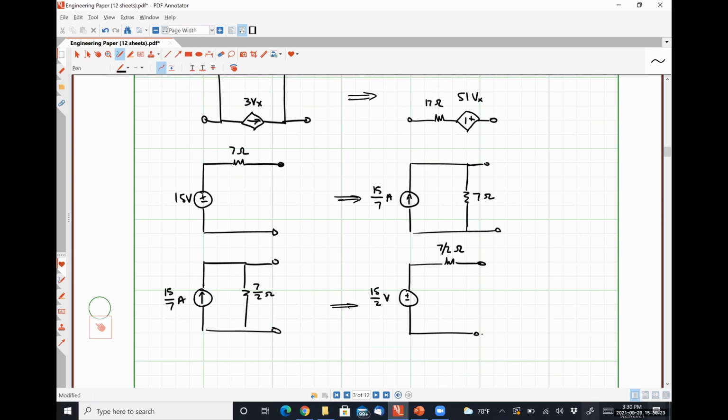And that was the last simplification that I made to make it look like a single loop circuit. All right.